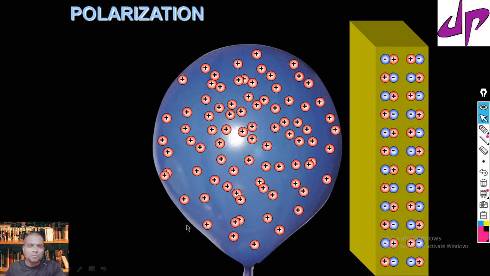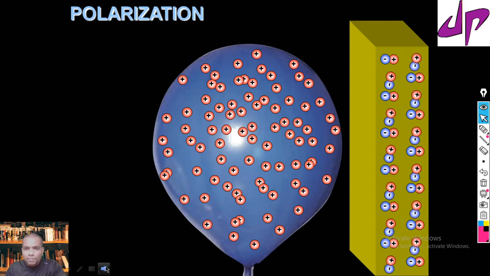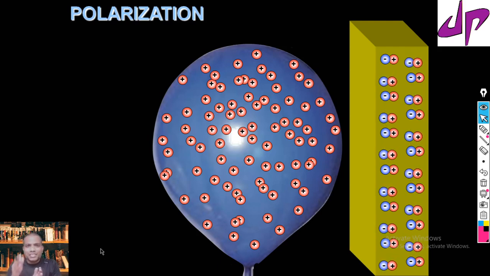How long does this charged object stay close to the neutral object? In the neutral object, the molecules align, rotate and change their positions. That process we know as polarization.